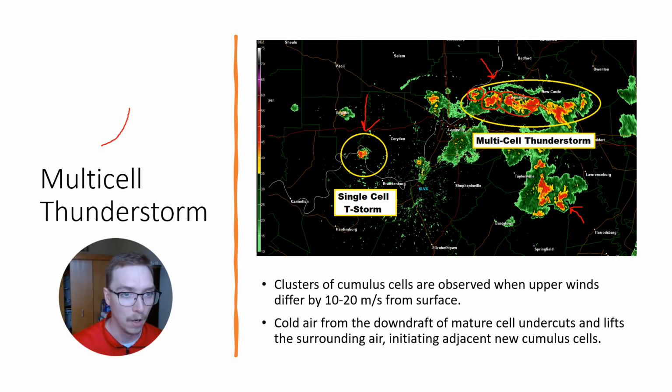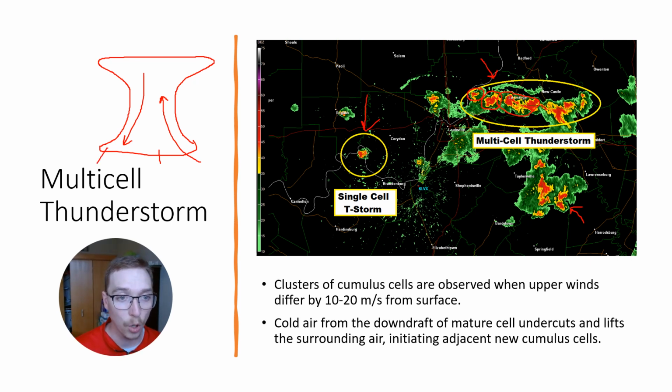If we're thinking of our cumulonimbus cloud, the typical anvil shape we see here, we've got that warm updraft and that cold downdraft, and our precipitation is maybe from back here to here. So it's that cold downdraft from that mature cell undercutting and lifting some of that surrounding air, pushing it out of place, causing it to rise, forming adjacent new cumulus cells.